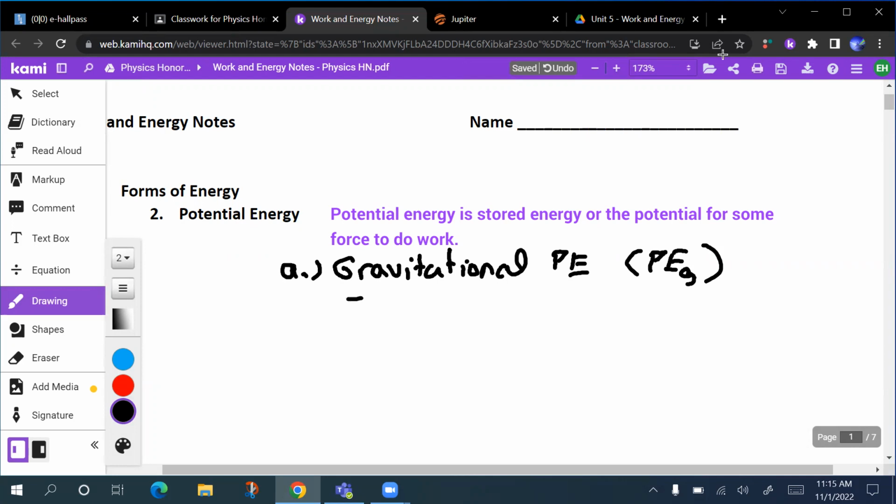It depends on height. It depends how far off the ground an object can fall. And specifically, it is the potential for gravity to do work. So the higher an object is, the more work gravity will do if it actually falls. The equation for it is mass times g times height.